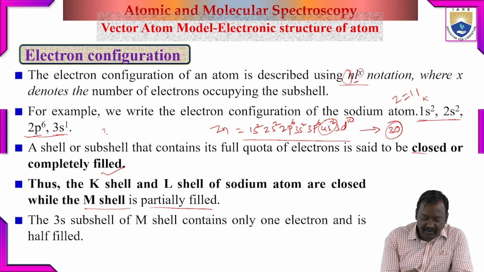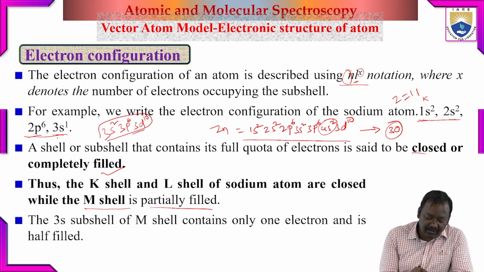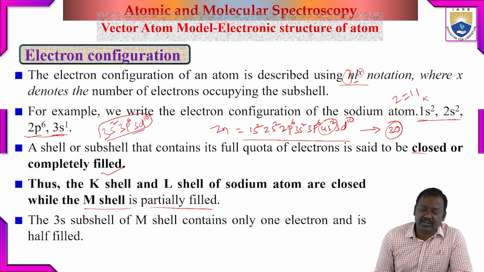In general, we can write up to 3s to 3p6 and 3d also. This is the number of electrons that can be filled in the third orbit. But here we are using only up to 3s1, so it is partially filled. The 3s subshell of the M shell contains only one electron and is half filled.